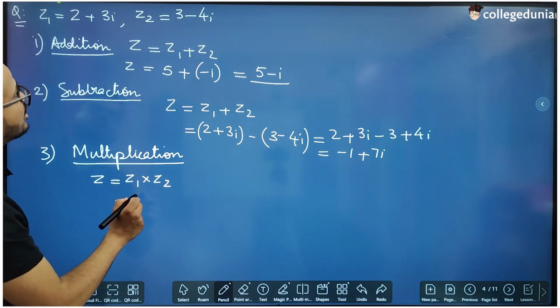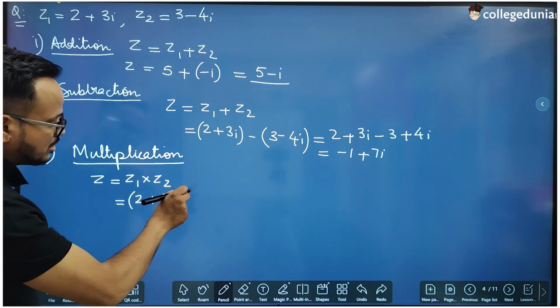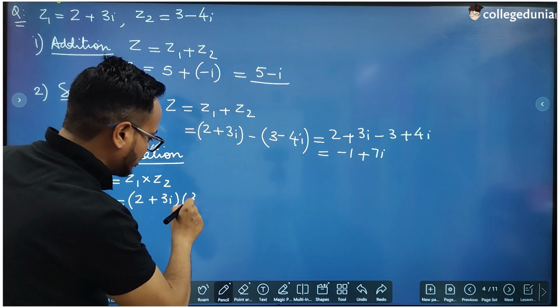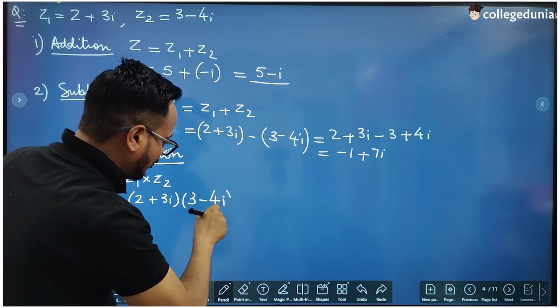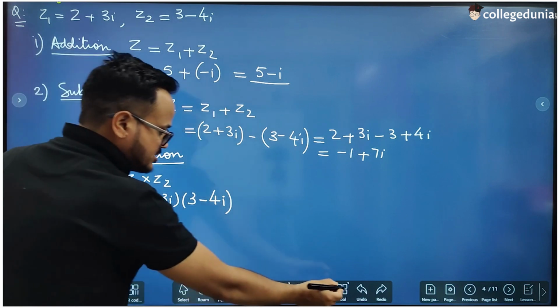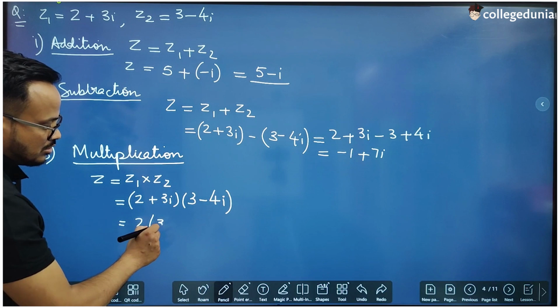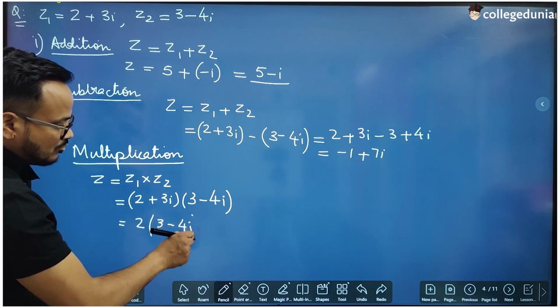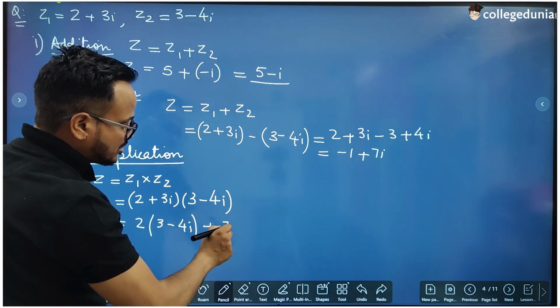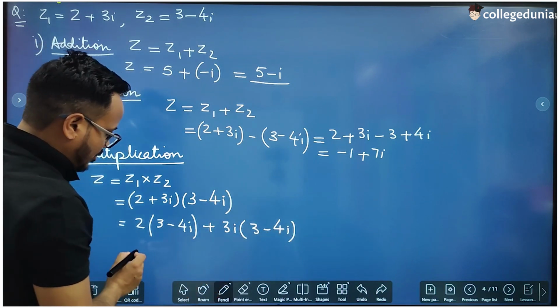Now put the value. Z1 was 2 plus 3i and z2 was 3 minus 4i. Now simply open the brackets as you do with polynomials. So this one is what? This is 2 into 3 minus 4i plus 3i into 3 minus 4i.